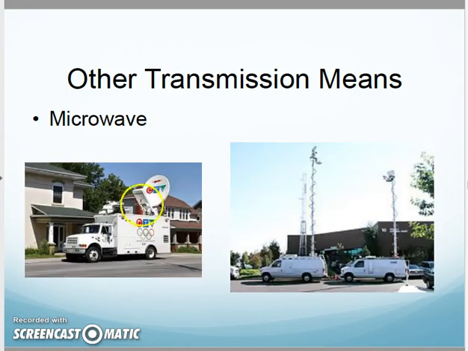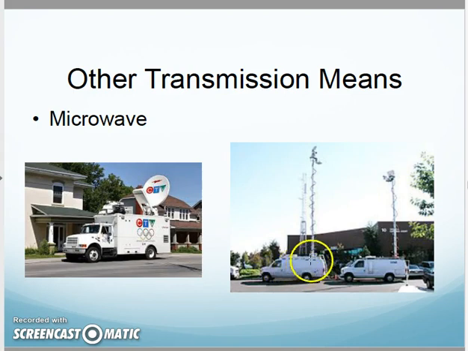But here's a common example. If you've ever seen a television truck, here's a television truck with a big boom going up. This is more than likely a microwave transmission or microwave uplink truck. What happens is you'll have a truck here that's reporting news from a special event, maybe a special football game or a special hockey game or whatever.